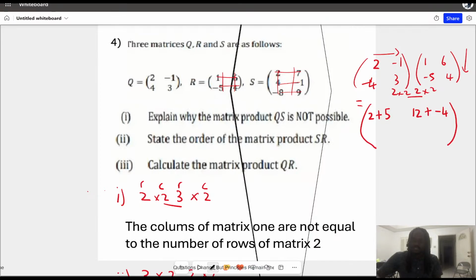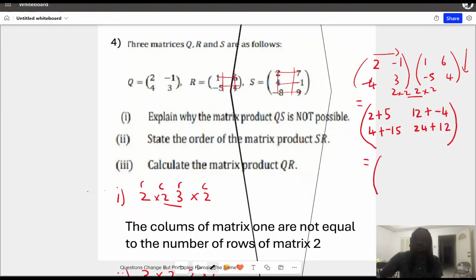Then next row now. 4 times 1, 4, plus 3 times negative 5, negative 15. Then same row again, 4 times 6 is 24, plus 3 times 4 is 12.